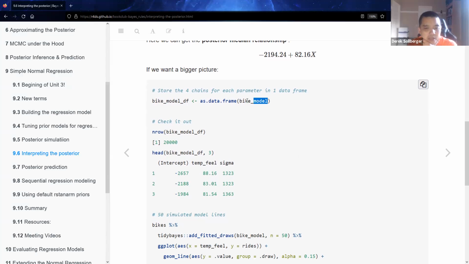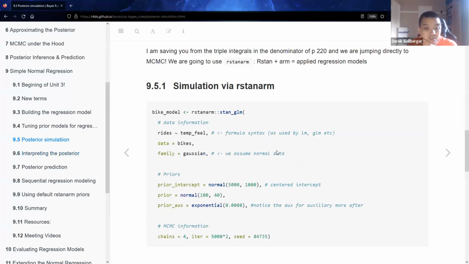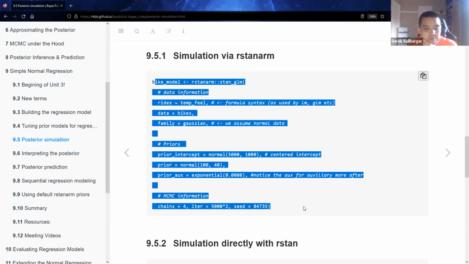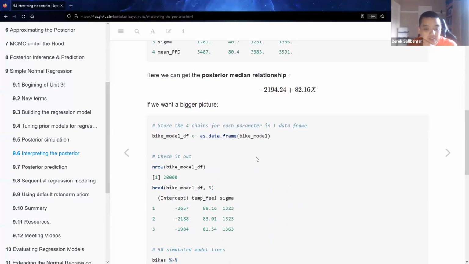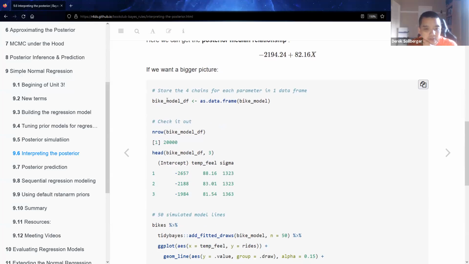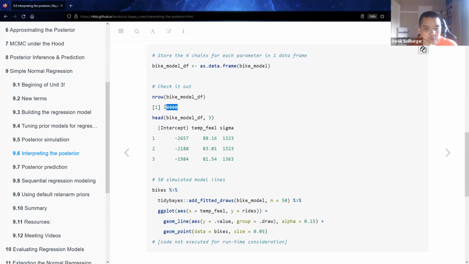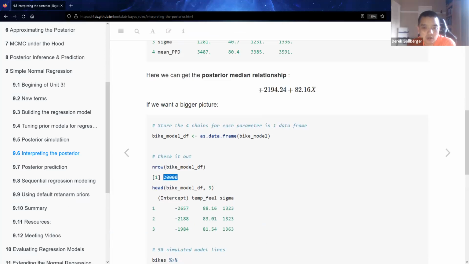Now, what bike model did, remember, bike model was built through this rstanarm procedure. What bike model produced, we could view it with a quick conversion to a data frame, was actually 20,000 possibilities of this linear relationship.